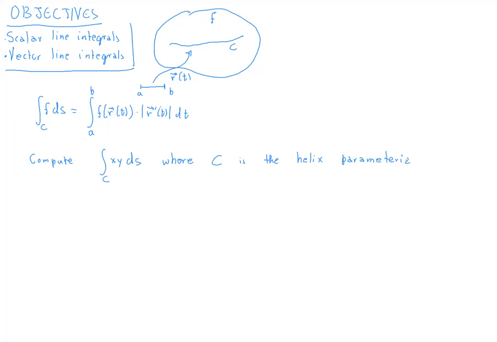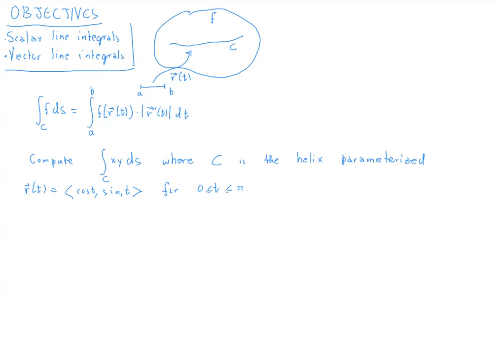So here we will give directly the parameterization. So this will be cosine t, sine t, comma t for t between 0 and pi.